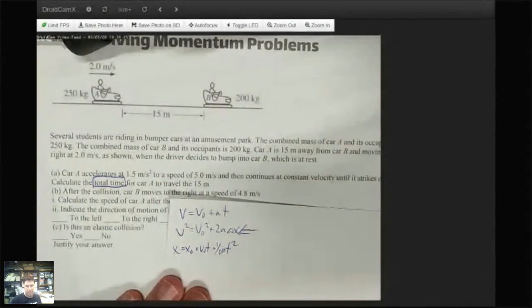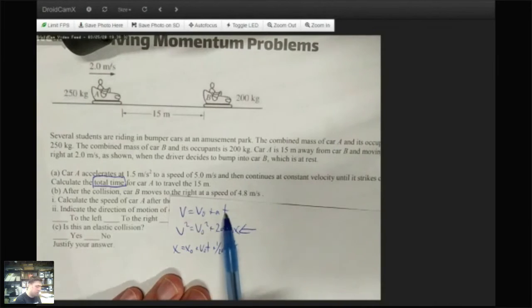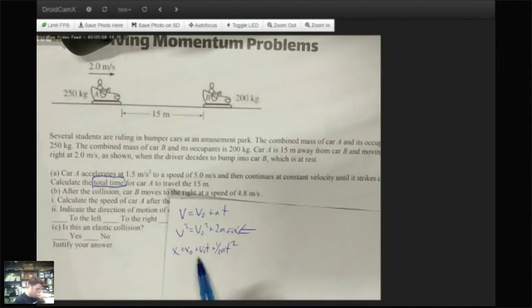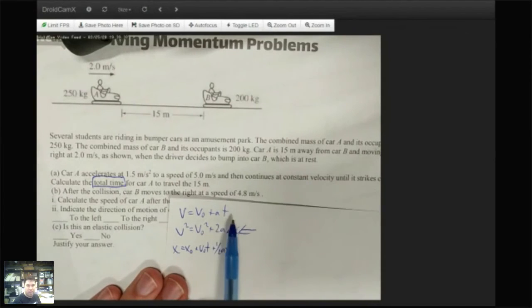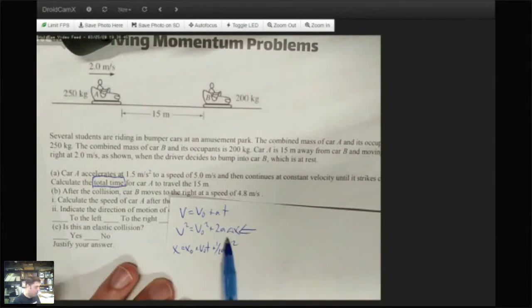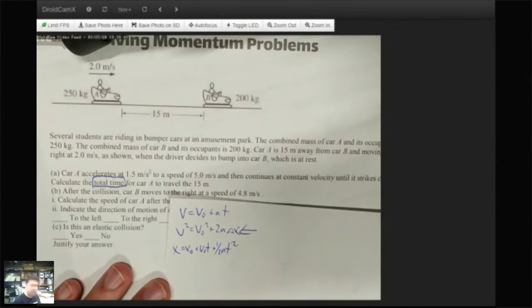That's one that I'm not going to use simply because it's not going to help me a ton right now. But I do like this one, and I do like this last one. The first equation will be useful to figure out how long it takes to get up to that speed, because I know what A is, and I know what V and V naught are, so I can find T there. And the other equation I can use to figure out, once I get to that speed, how long it takes for me to actually get that 15 meters.